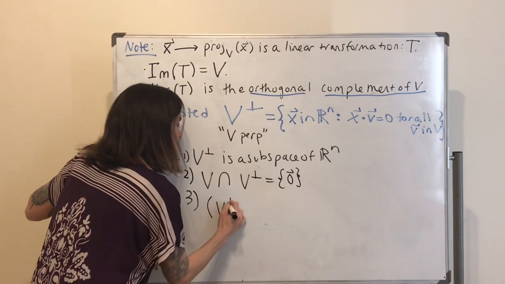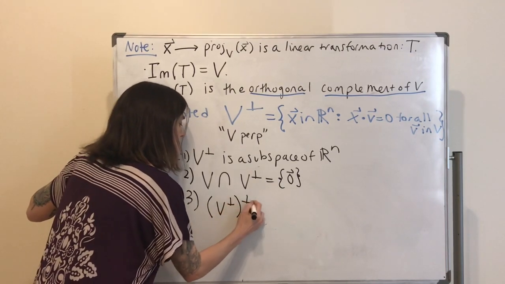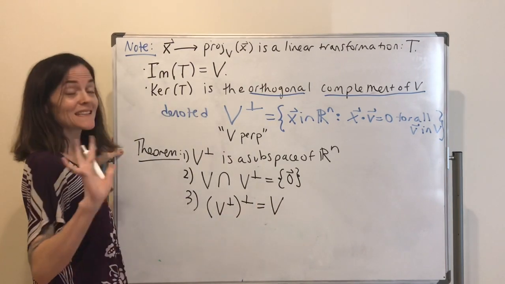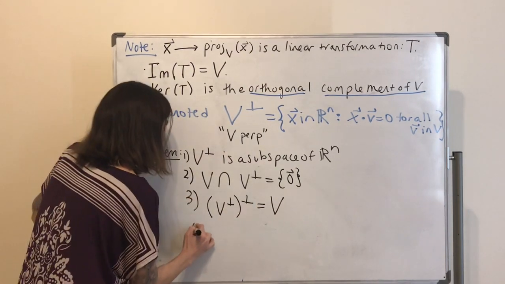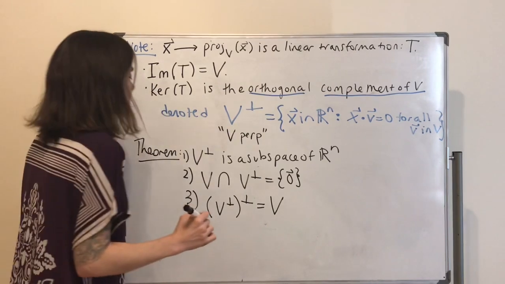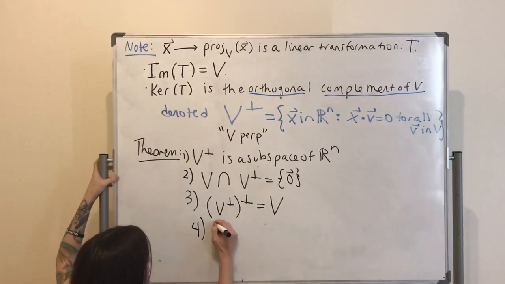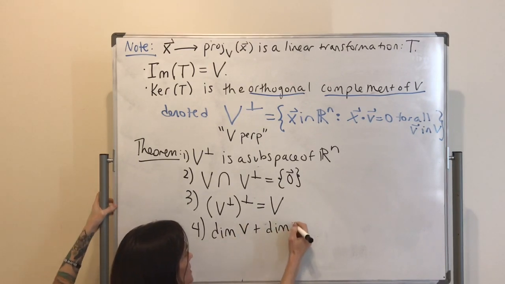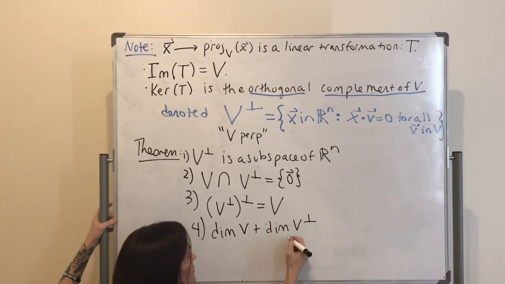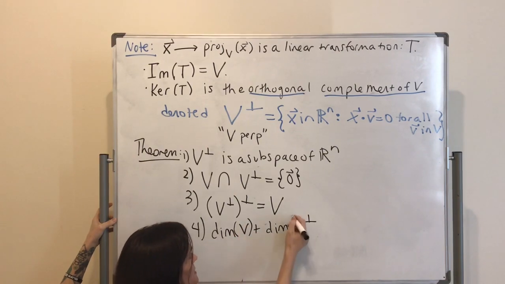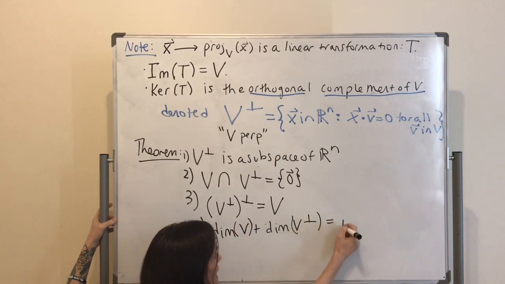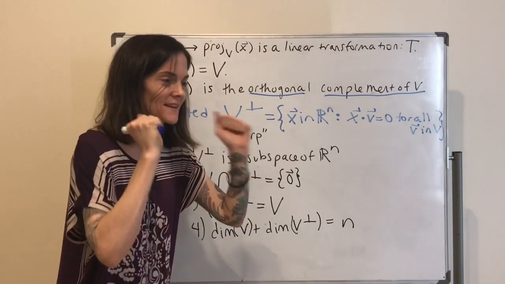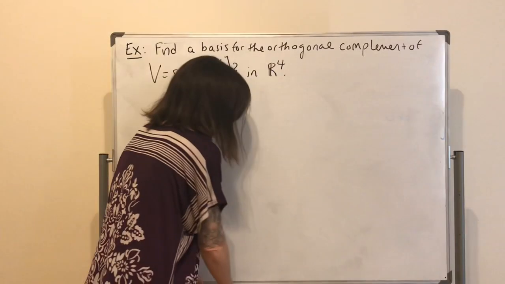If you take an orthogonal complement and then you take its orthogonal complement, you get back the original subspace. And the final thing is about dimensions. That the dimension of V plus the dimension of V perp equals n. This one comes from the rank nullity theorem.